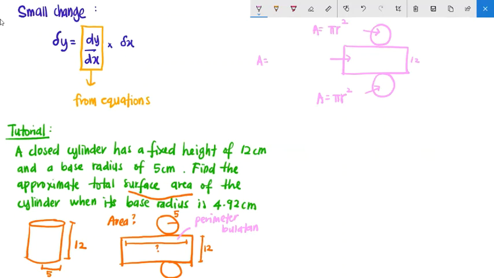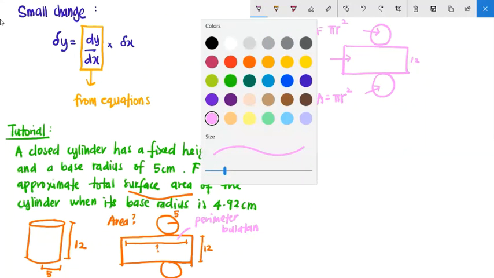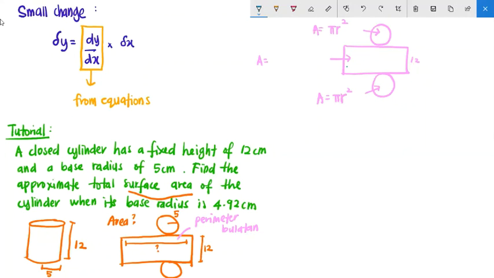Okay, bulatan circle. Untuk cari panjang ini, cari panjang ini ialah perimeter, lilitan. Two pi r.